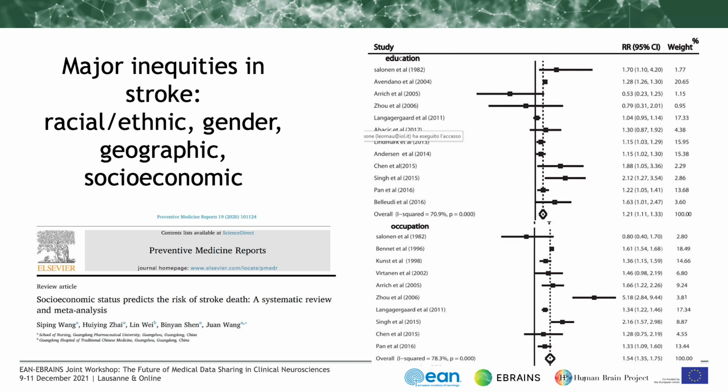This is a meta-analysis of risk of death in stroke according to one of these inequities, the socioeconomic status, which is defined by only two variables, education and occupation, which are easily ascertainable in our registries. And of course, the same is possible for other inequities.